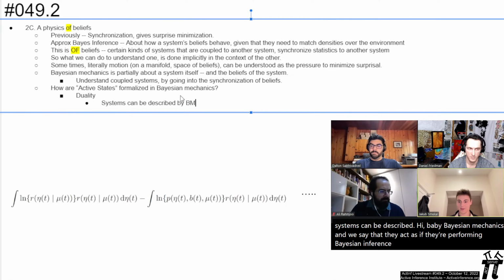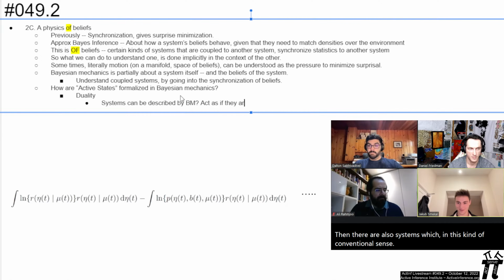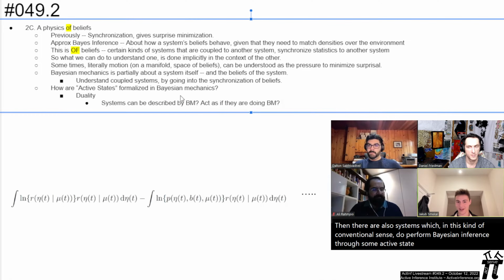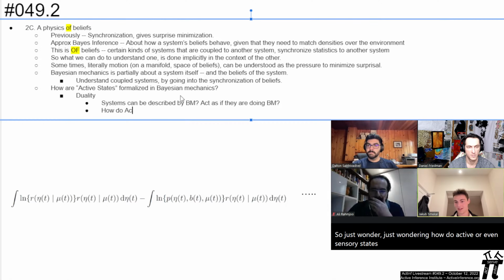Then there are also systems which, in the conventional sense, do perform Bayesian inference through some active states. So how do active or even sensory states fit within Bayesian mechanics?